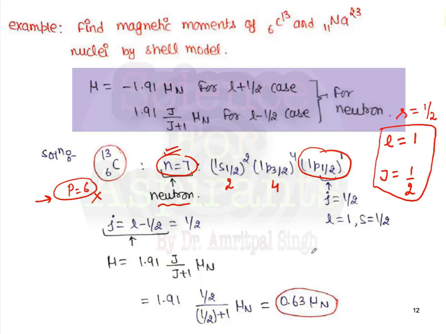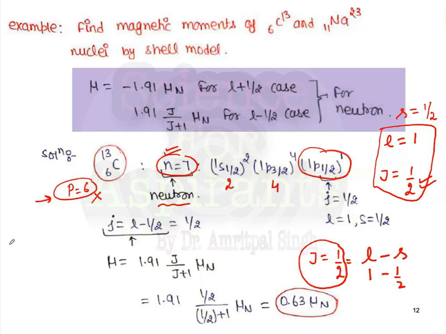So the J value should be equal to 1/2, and it comes only in the L minus S case, because L is 1, S is 1/2, and from this we find the value equal to 1/2, as you can see above.